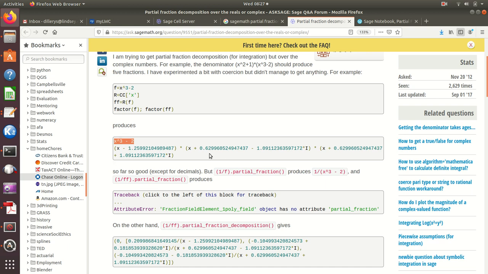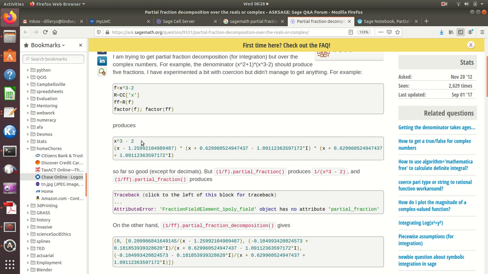Now, when we look down below it, these are things you need to realize could be going on in a given technology. So it didn't factor it at all. Yet, when they said factor it over the complex numbers, there's a real factor. Okay, and then we've got 2 complex factors after that, but that's a real factor.